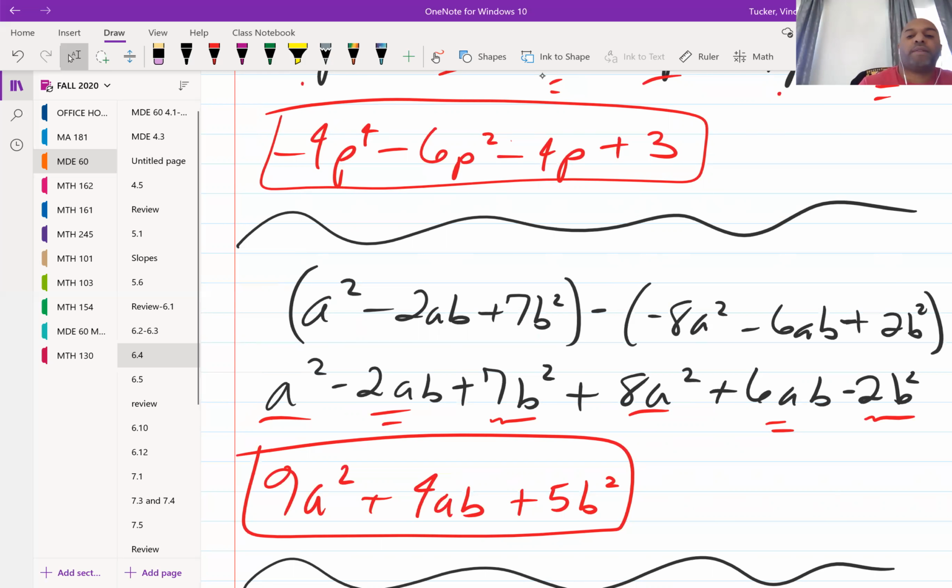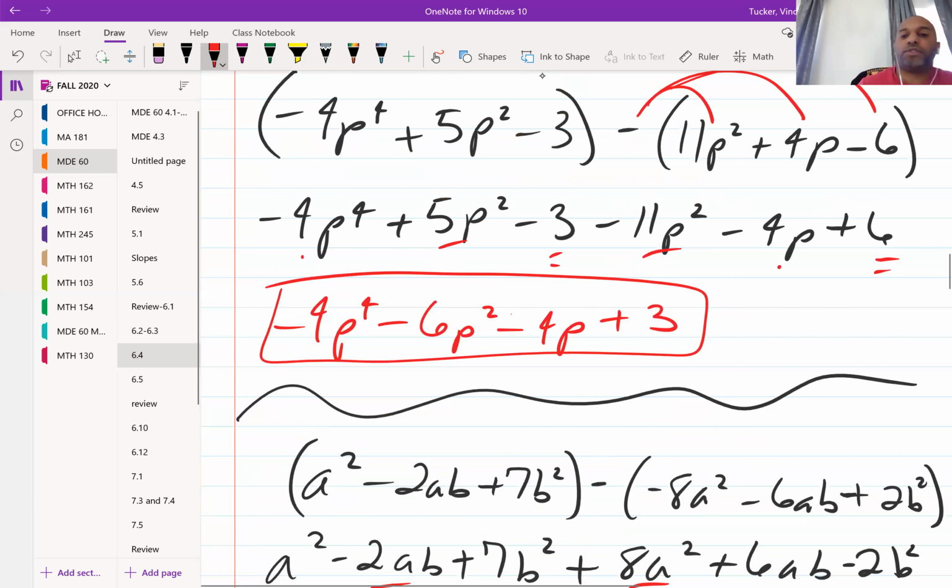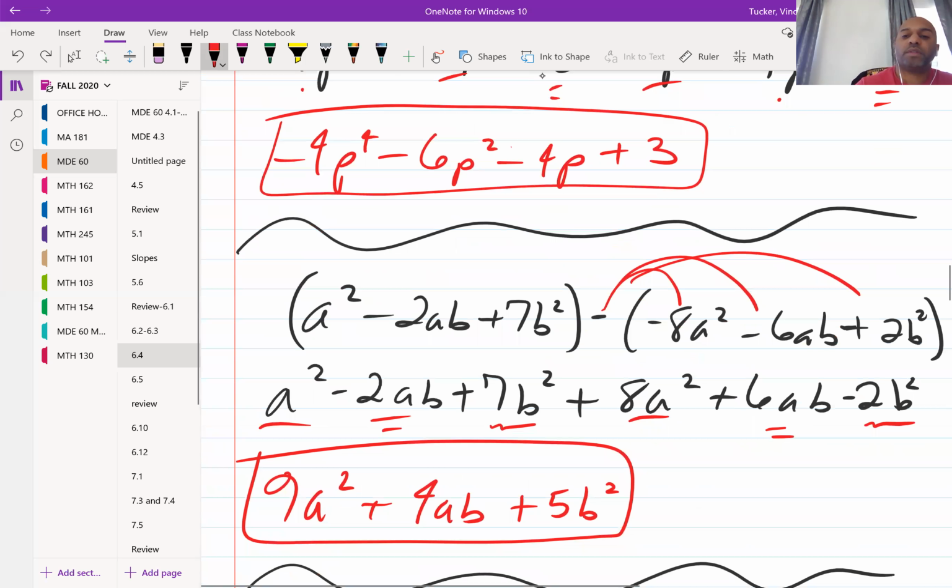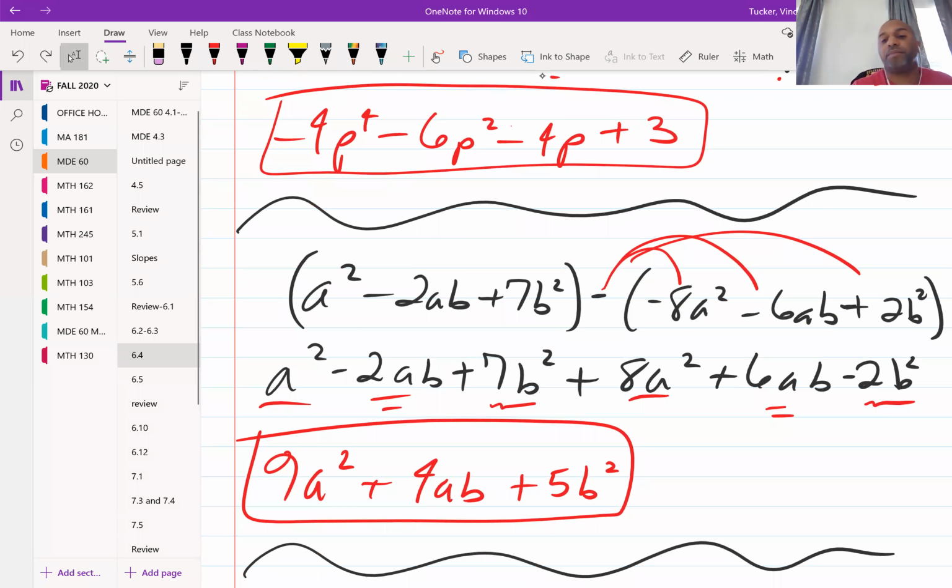All right, so once again, we have that minus sign sitting in the middle, and we have to distribute to each term. So that turns 8a squared positive, 6ab positive, and then 2b squared negative.